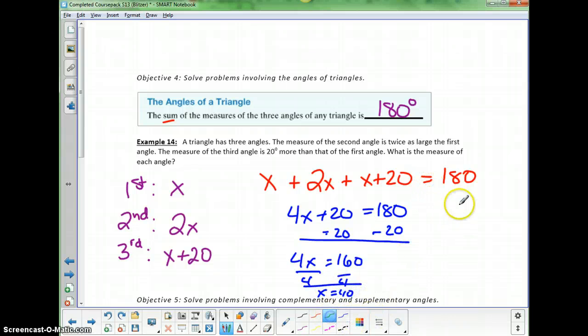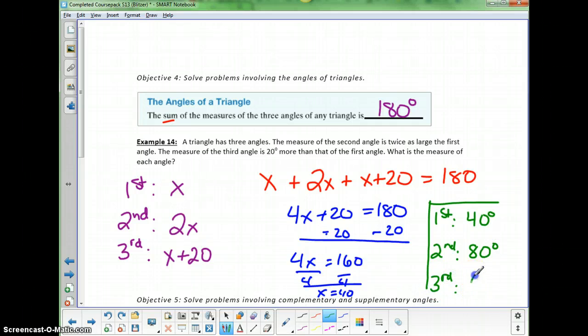Alright, so my answers here are going to be that the first angle, x, has a measurement of 40 degrees. The second angle was 2x, so it's going to have a measure of 80 degrees. And the third angle, x plus 20, is going to have a measure of 60 degrees. 40 plus 20 is 60.